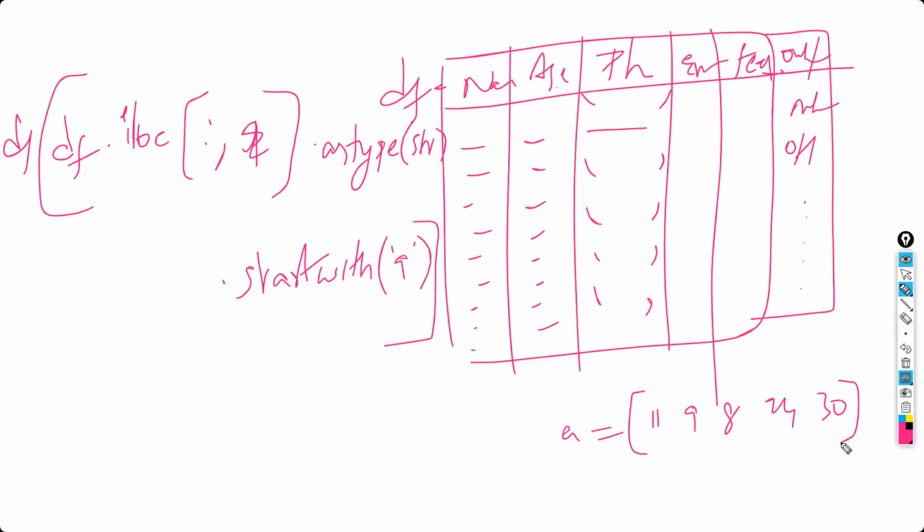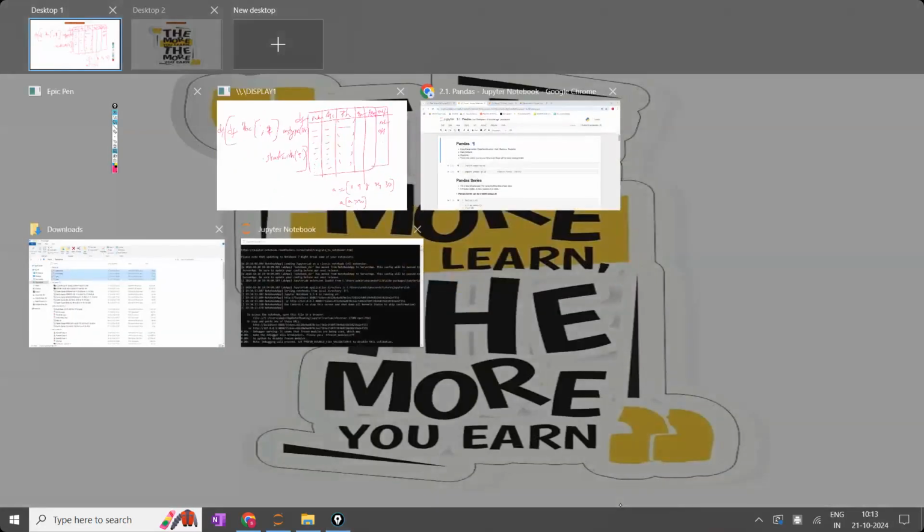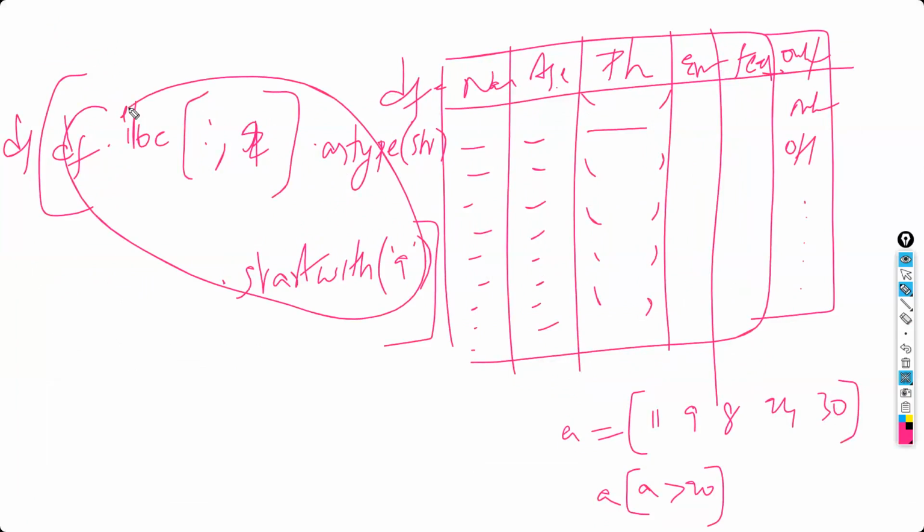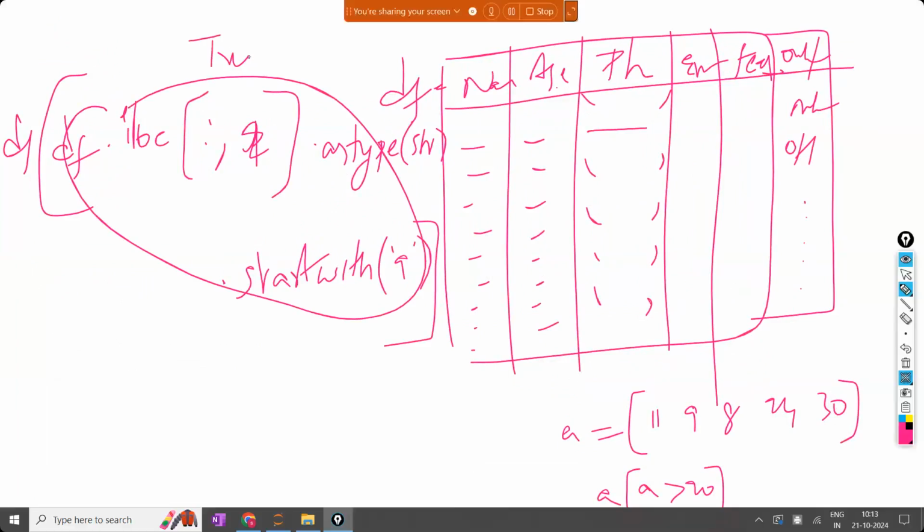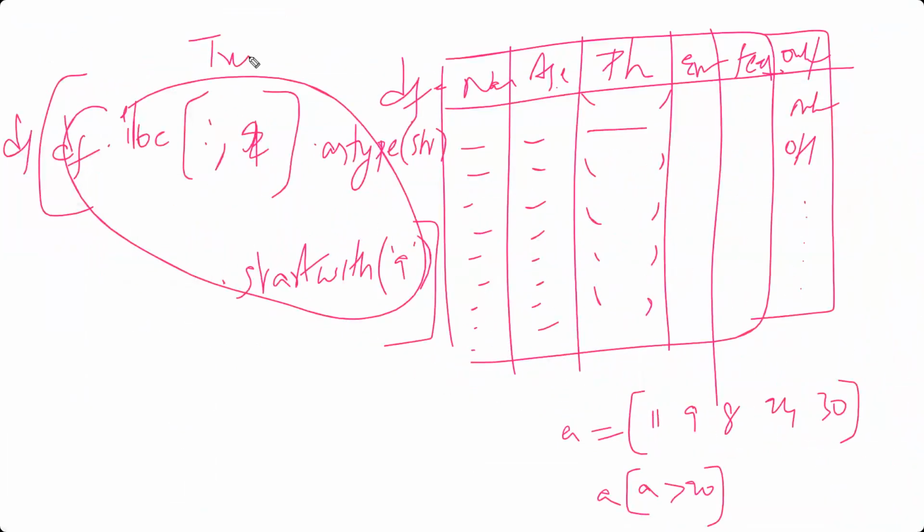A greater than 20 means you are going to get true or false. But I want values. To get the values, what I have to do? Outside you have to write A. Do you remember this one in the 1D array? Same logic I applied here. First I have written the condition. This will give either true or false. Outside I have written the variable name. It will give whichever records satisfied the true. Same logic.